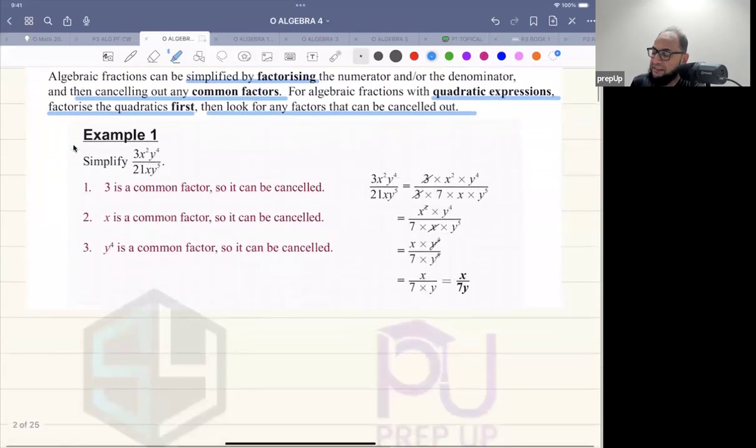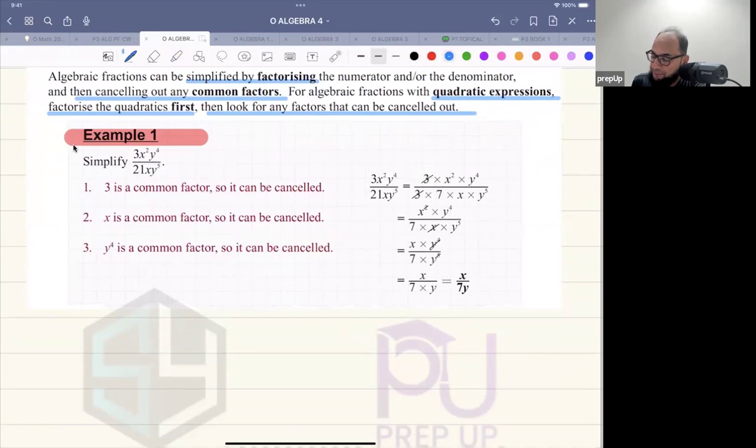Now, this is the first example. Example 1: simplify 3 over 21, then x square over x, then y power 4 over y power 5.